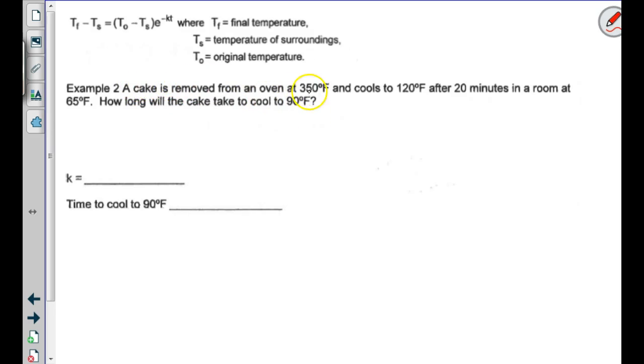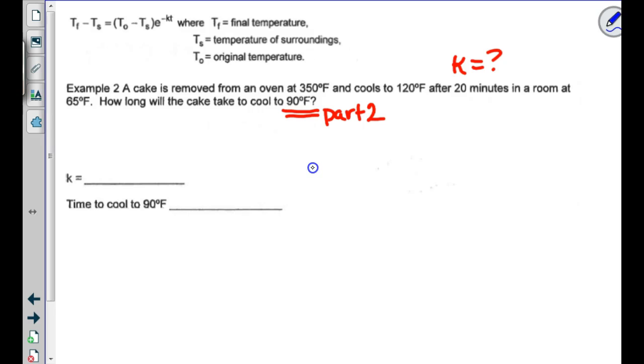A cake is removed from an oven at 350 and cools to 120 after 20 minutes in a room at 65. So we're going to use all that information from that first sentence to find our cooling coefficient. Then later, we're going to use this only for part 2 of the question. All right, who can help me start?